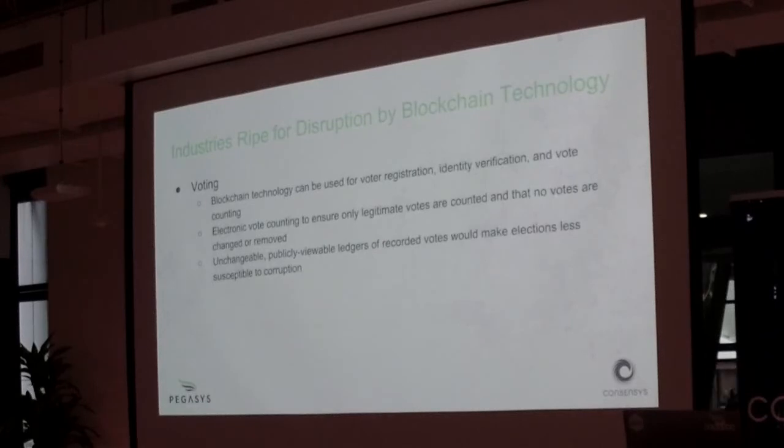Voting is another application. Blockchain technology can be used for voter registration, to identify and verify identity, and for vote counting.